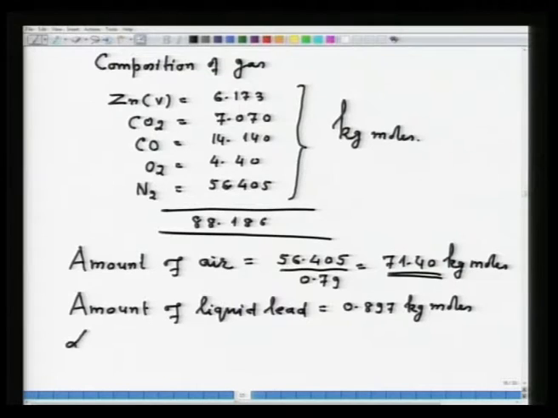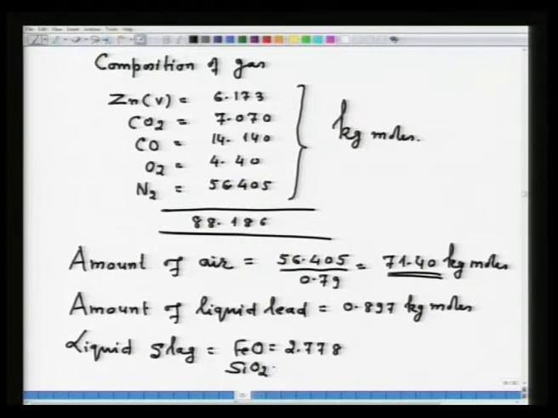Liquid slag: the problem says all FeO and SiO2 form a slag. So, FeO is 2.778 and SiO2 is 1.667 in kg moles.